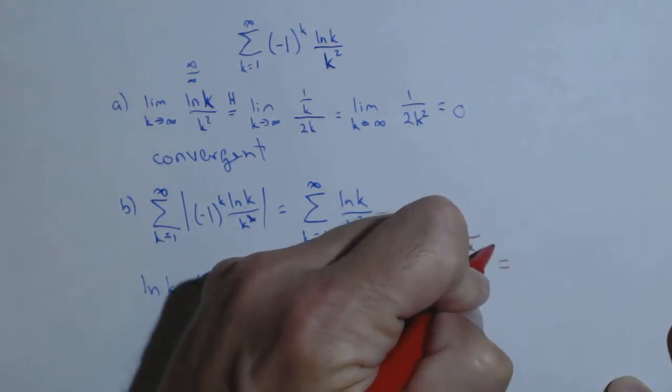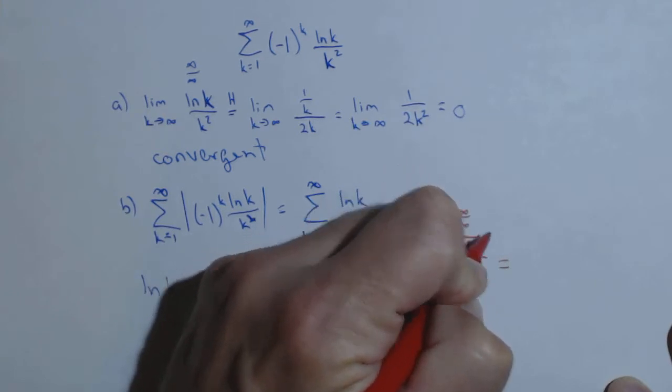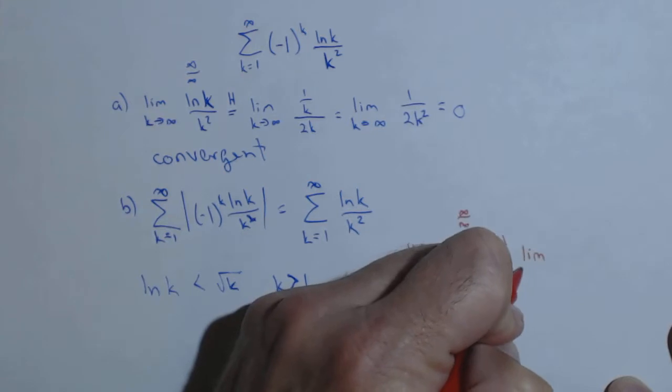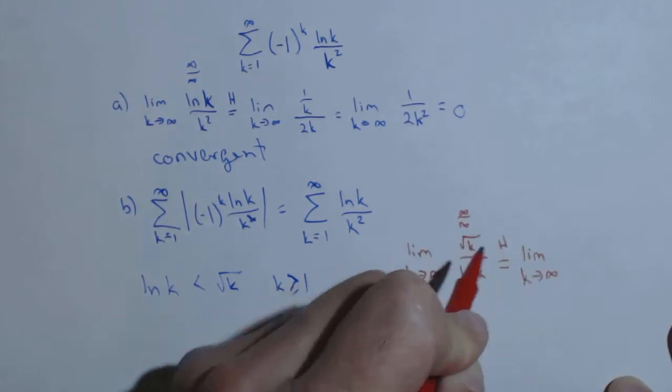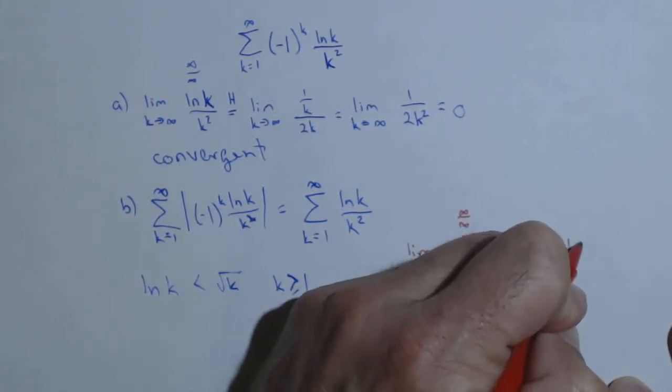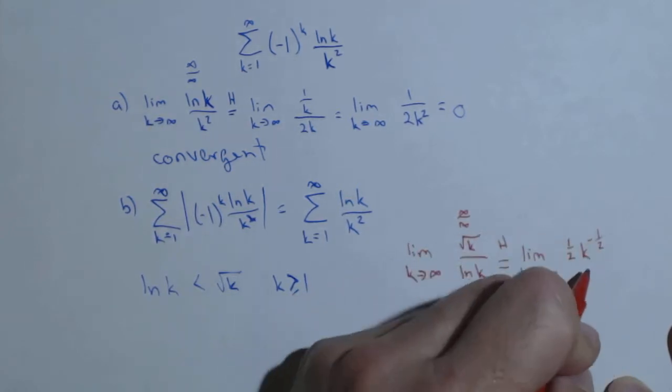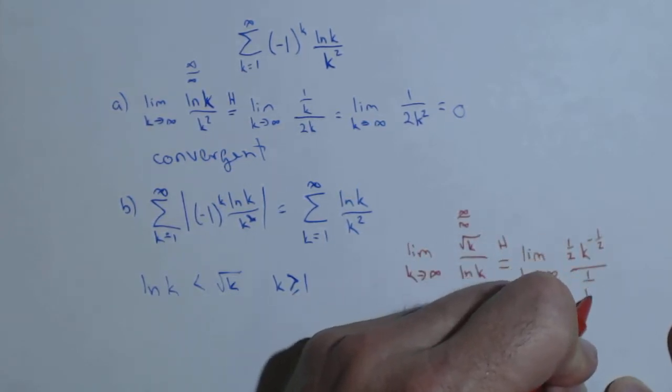We have an infinity over infinity case, so that's going to be L'Hopital's again. So we get the limit as k goes to infinity of 1/2 k to the negative 1/2 over 1 over k.